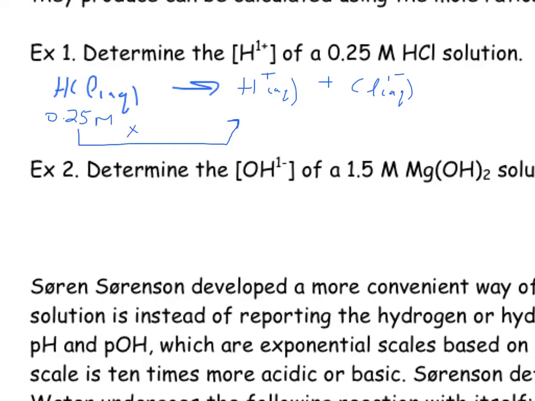Because I have a 1:1 mole ratio, I will have a 0.25 mole per liter H+ solution. Try out example number 2. Determine the hydroxide concentration of a 1.5 mole per liter magnesium hydroxide solution. Pause the video now until you get your answer.